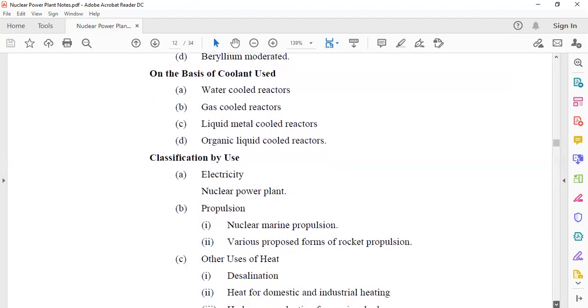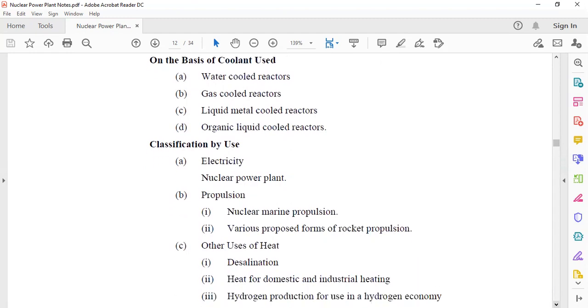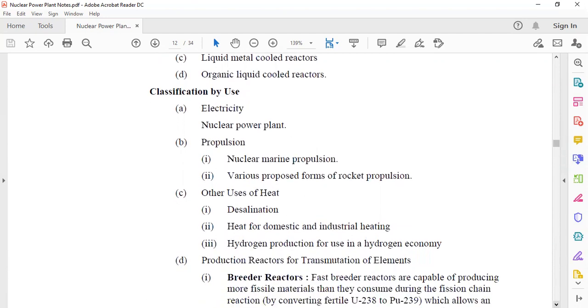Depending on the use of the reactor, the first is the electricity nuclear power plant, then nuclear marine propulsion, and various proposed forms of rocket propulsion. Then other uses of heat, such as desalination, heat for domestic and industrial heating, and hydrogen production for use in a hydrogen economy.